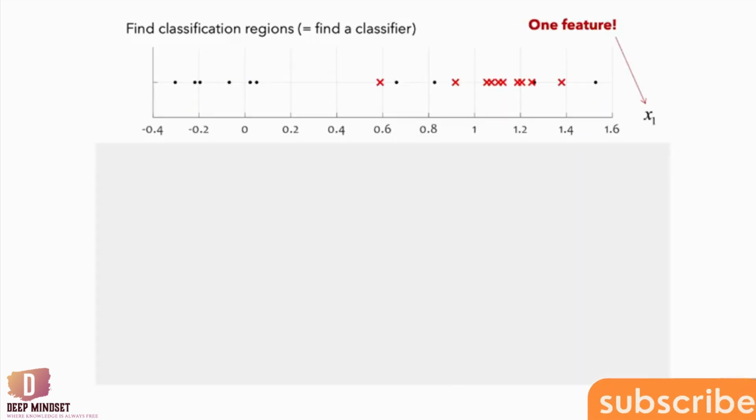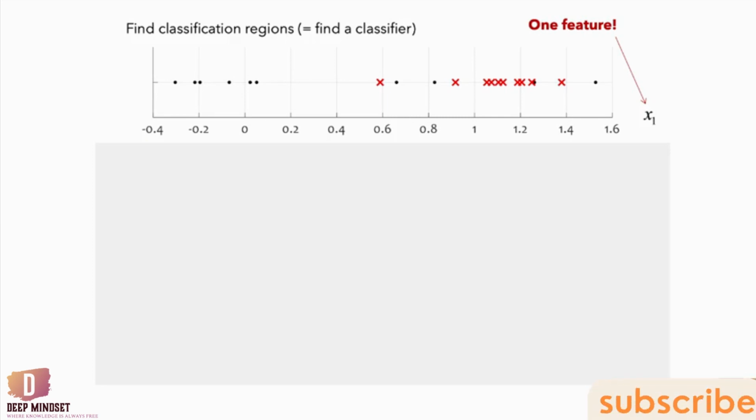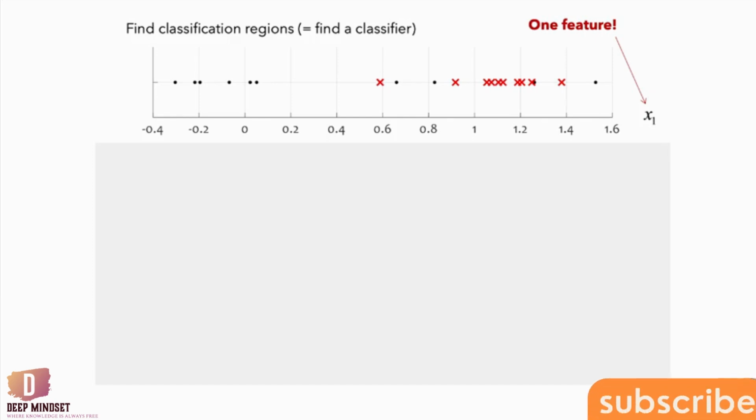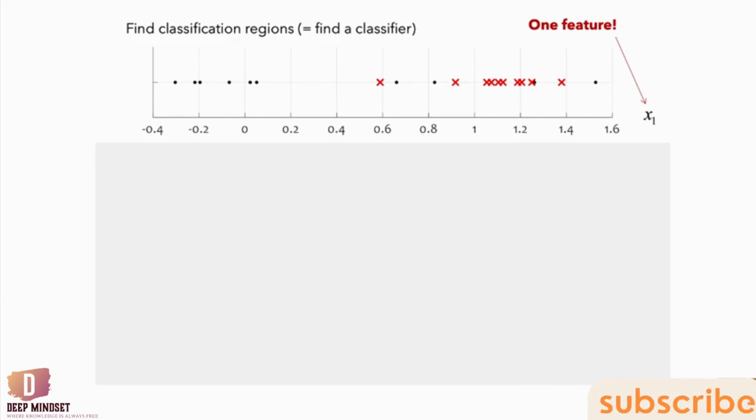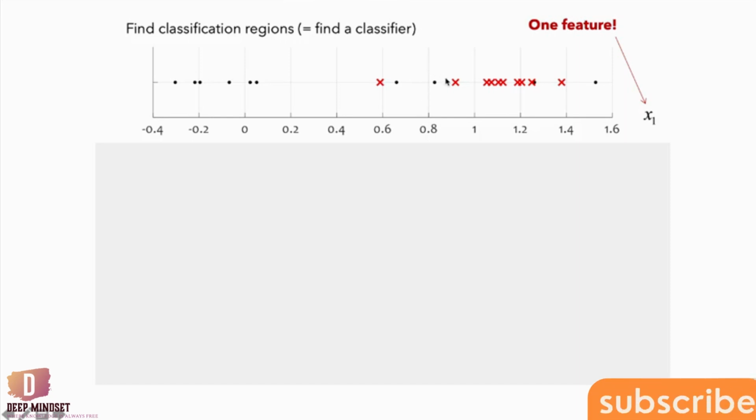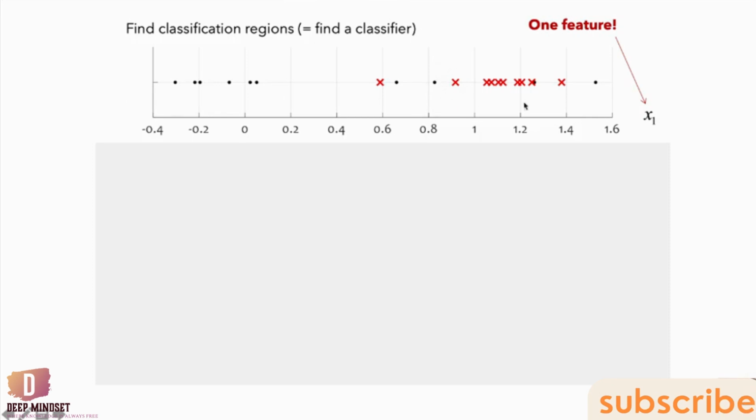So now we got one feature, x1, and we want to find a classifier. So, well, we could have just a split like somewhere here maybe, and anything on the left is class black, anything on the right is class red.